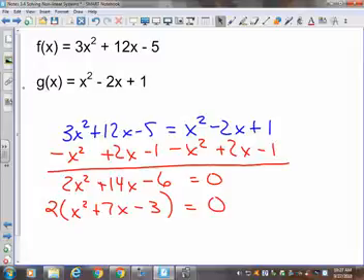Where did I put the notes for this? Okay. I didn't have them be the opposite.